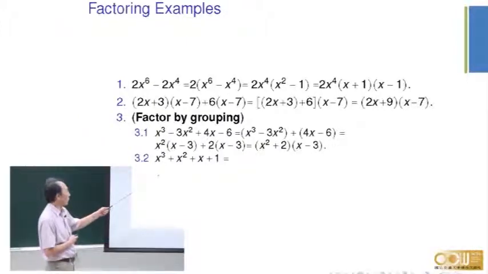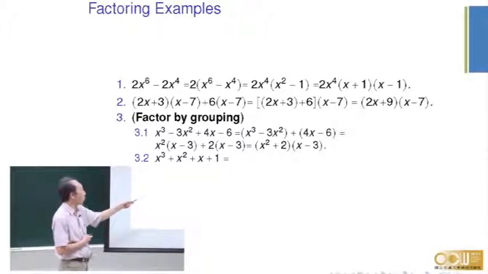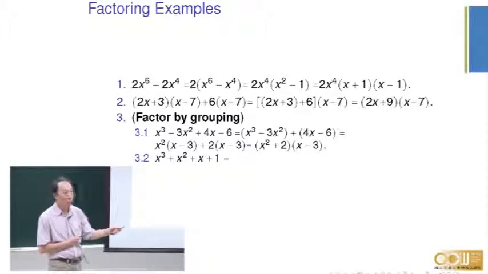The second example for factoring by grouping is this. We try to factor x cubed plus x squared plus x plus 1. One way to do it is to group these two terms together and these two terms together, then do a similar trick as in the first one. But just for the fun of it, I'm not going to do that. I'm going to use a different kind of grouping.